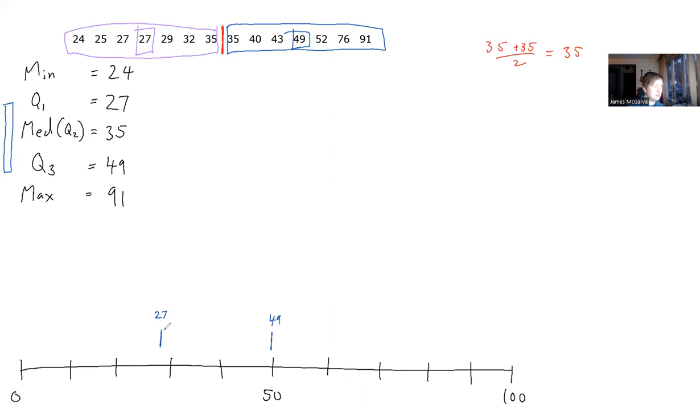49. I'm labeling all of these so that whoever's marking this knows what numbers I'm referring to here. That's my Q1. That's my Q3. The median is at 35. Okay, so 10, 20, 30, 35 is going to be around here.